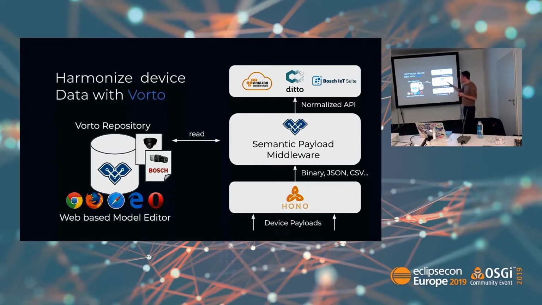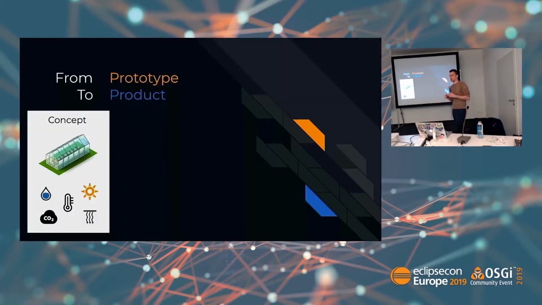And this is the very abstract overview of this, and let's look at an actual use case example, so this gets a little bit more clear what we are doing and why we're doing that. So let's assume we have this customer, and he wants to have monitoring for his greenhouse. He wants to have capabilities like temperature, humidity, irradiance, CO2 maybe, and the brightness for his plants in his greenhouse.